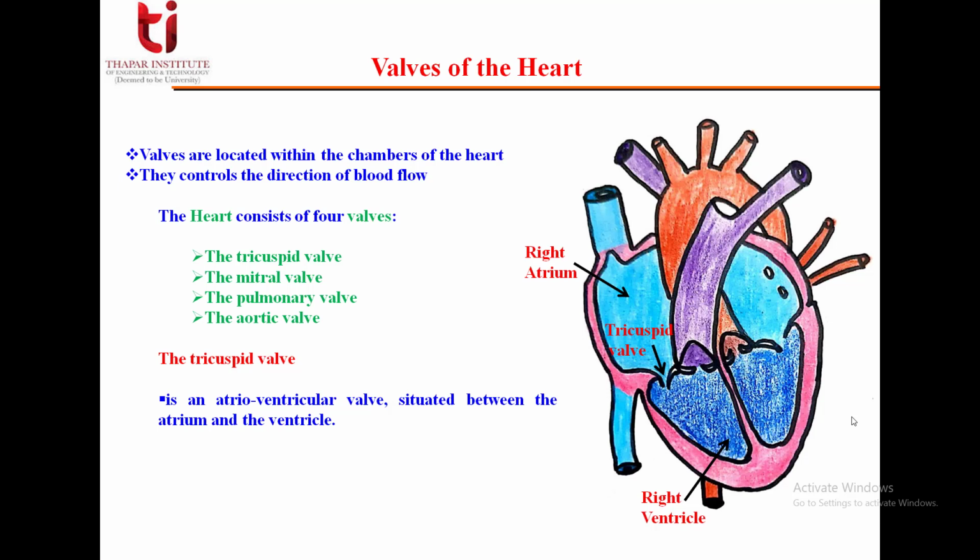Because it is in between the atrium and the ventricle, mainly the right atrium and the right ventricle. What is its function? It controls the opening between the right atrium and the right ventricle. You can see that blinking arrow.